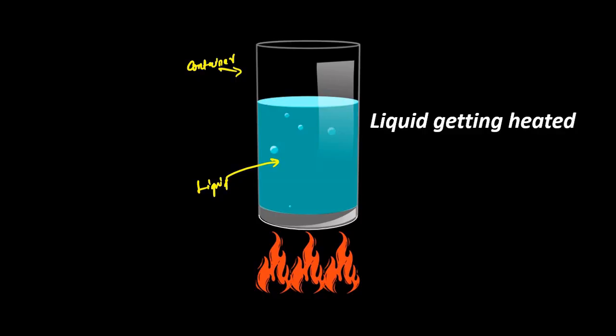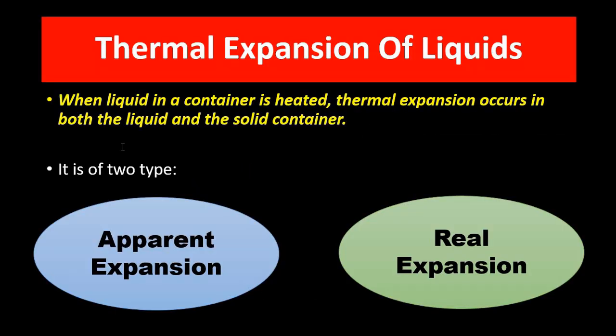So here we have to deal with two kinds of expansion of liquids: one is apparent expansion, and one is real expansion. Real expansion takes into account the expansion of both the container and the liquid, whereas apparent expansion only deals with the expansion of the liquid.